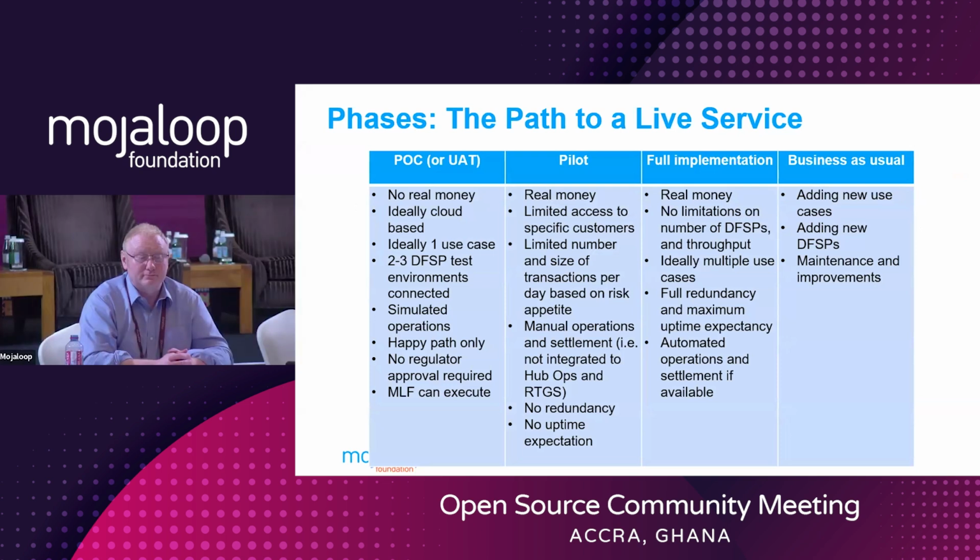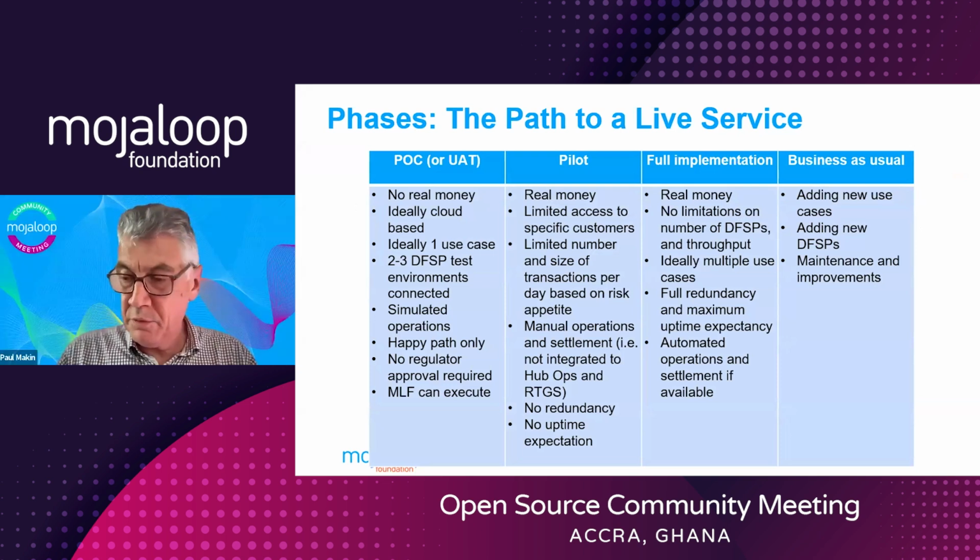We generally start off with a new adopter with the concept of a proof of concept, which is the left-hand one. It's generally minimal investment, so we suggest it should be a cloud-based deployment. There's no real money on it, so there are no issues around the ownership of the data or anything like that, because we refer to it as fake money on fake rails.